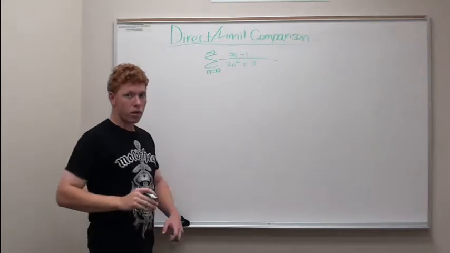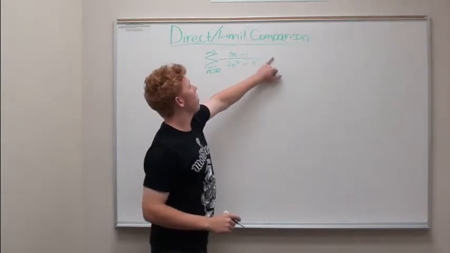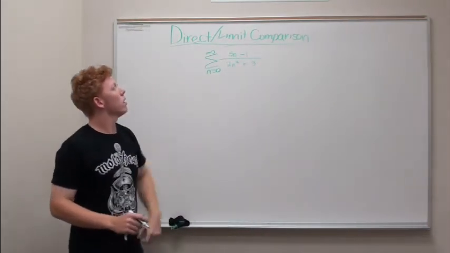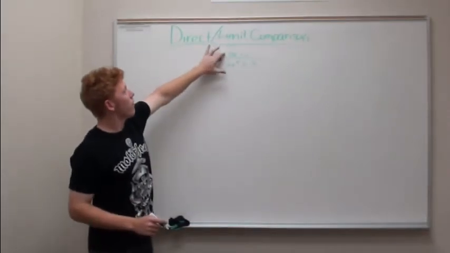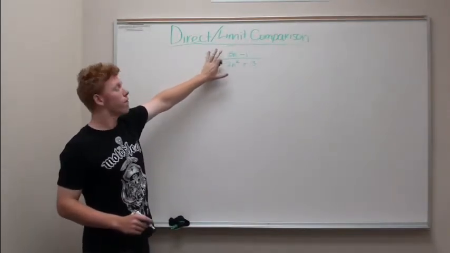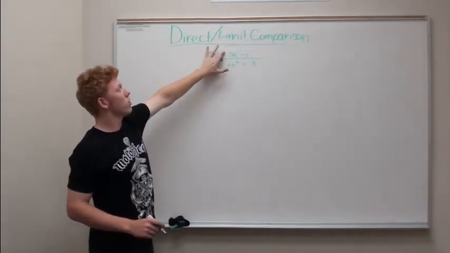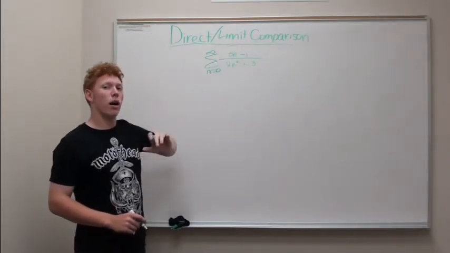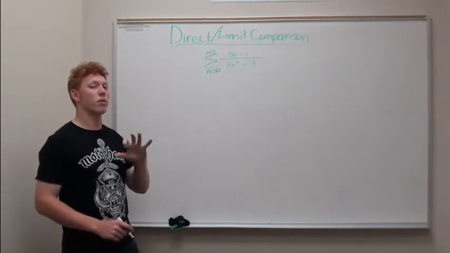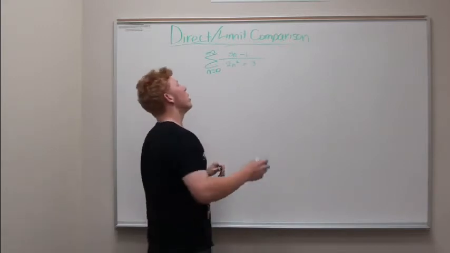All right. Let's try to do this one by direct comparison. Now, with the 5n and the 2n to the fourth, those are the two values we need to worry about. Like I said previously, coefficients aren't something we necessarily need to worry about. They're just kind of thrown in to confuse you.